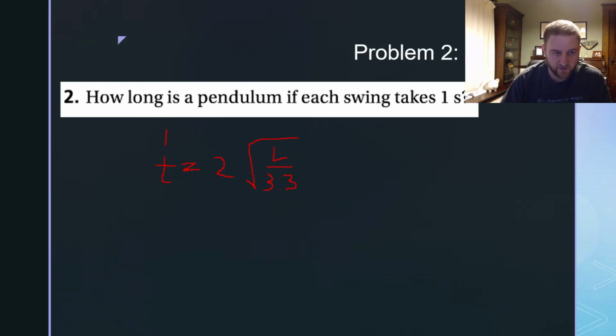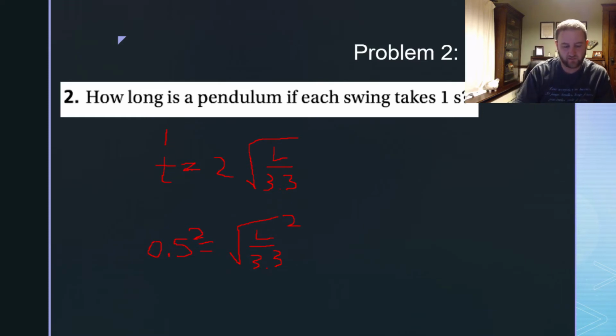All right, so hopefully you took some time to solve this. Plugging 1 in, you're going to divide by 2 first, so 1 divided by 2 is 0.5 equals radical L over 3.3. Now you're going to square both sides. So 0.5 squared gives us 0.25 equals L over 3.3.